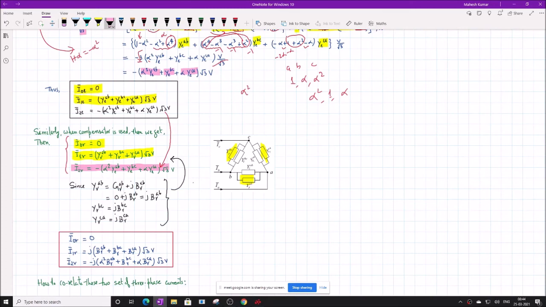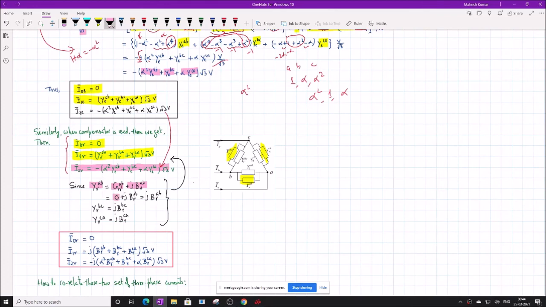But here is one thing, for the compensator the real part of the admittance is equal to 0. For example, if Y gamma AB equal to G gamma AB plus J B gamma AB, so G gamma AB equal to 0. Why is it 0? The compensator consists of a purely reactive network.